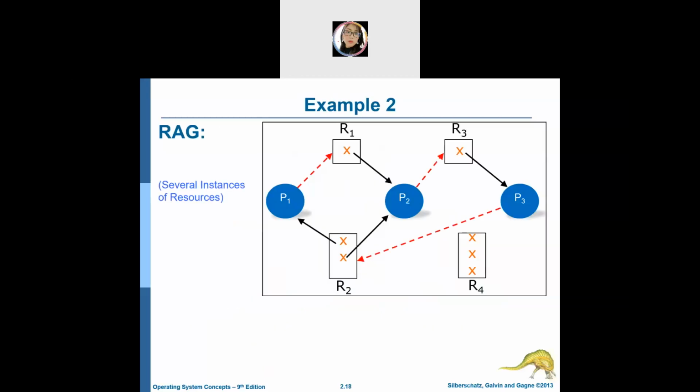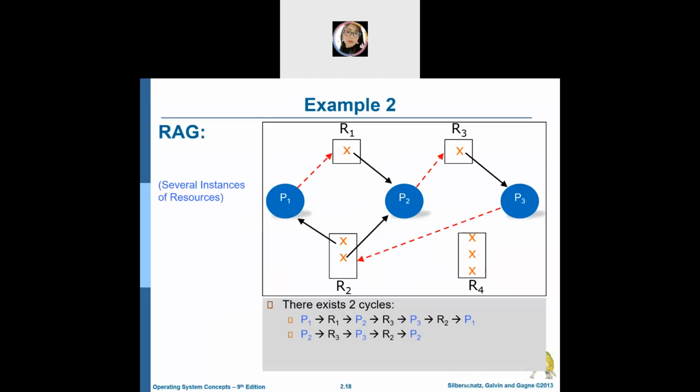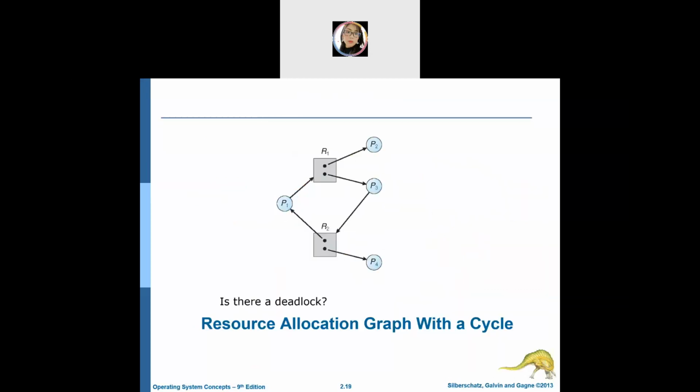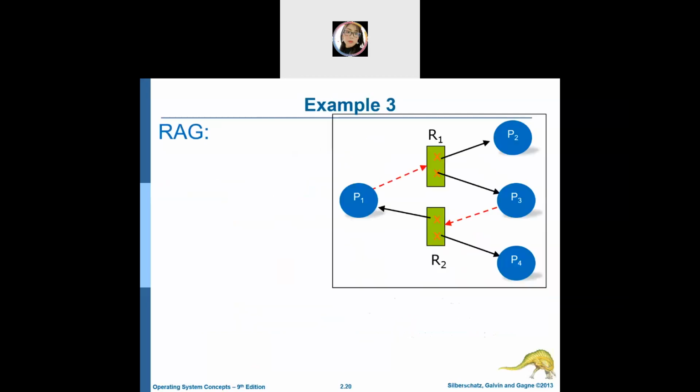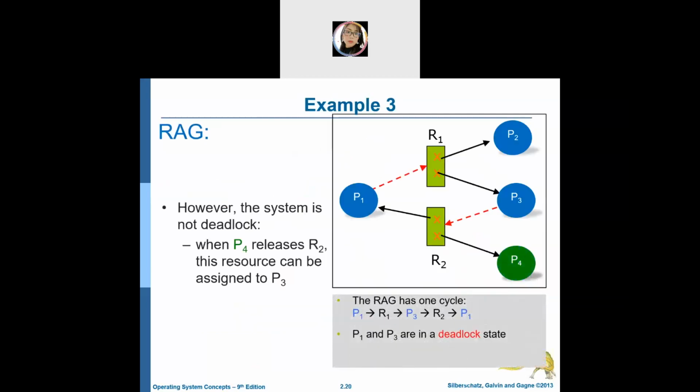So we already discussed all the examples and how you're going to avoid the deadlock. For example 3, however, the system is not deadlocked when P4 releases R2, this resource can be assigned to P3. So you can see here, this has 2 instances.